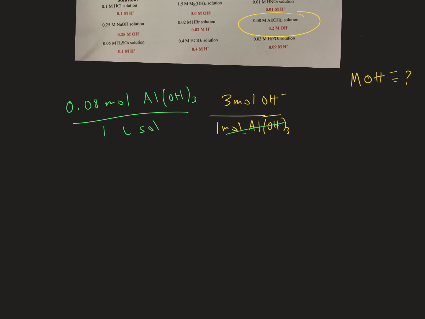And that goes away, and we're left with moles of hydroxide per liter. And that is molarity. So it's just going to be multiply that by 3, and you get 0.24, but we need 1 sig fig.